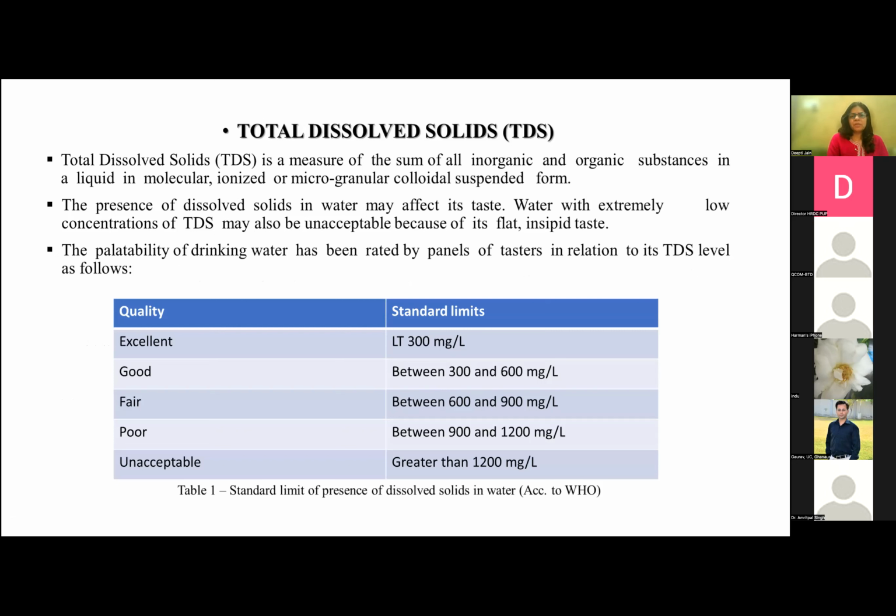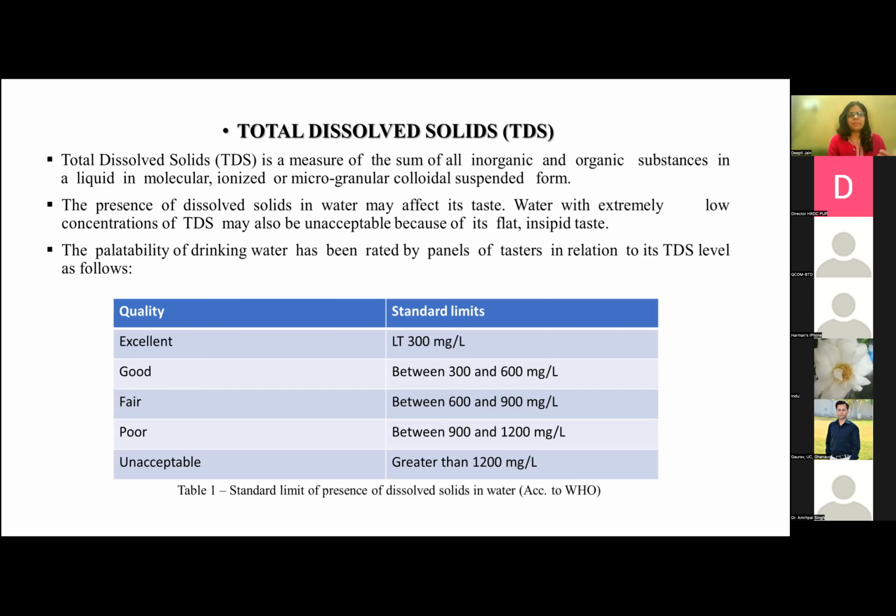The first parameter is total dissolved solids, a measure of the sum of all inorganic and organic substances in a liquid in molecular, ionized or microgranular colloidal suspended form. So it may be a dissolved solid, or it may be in microgranular colloidal suspended form.